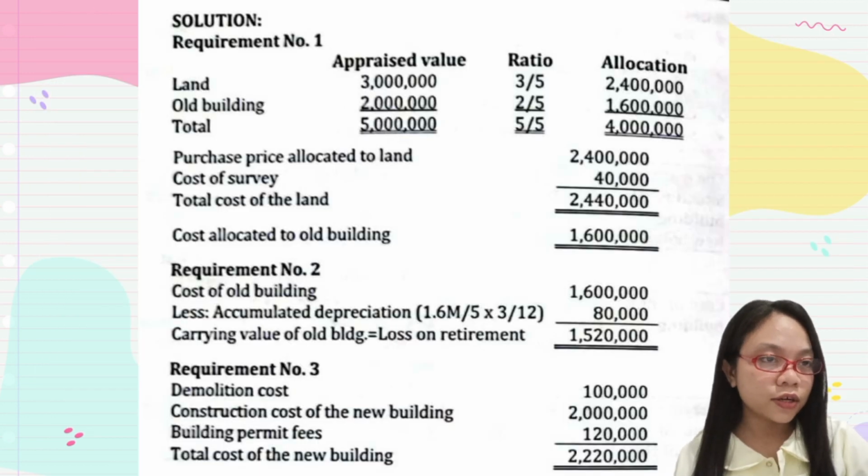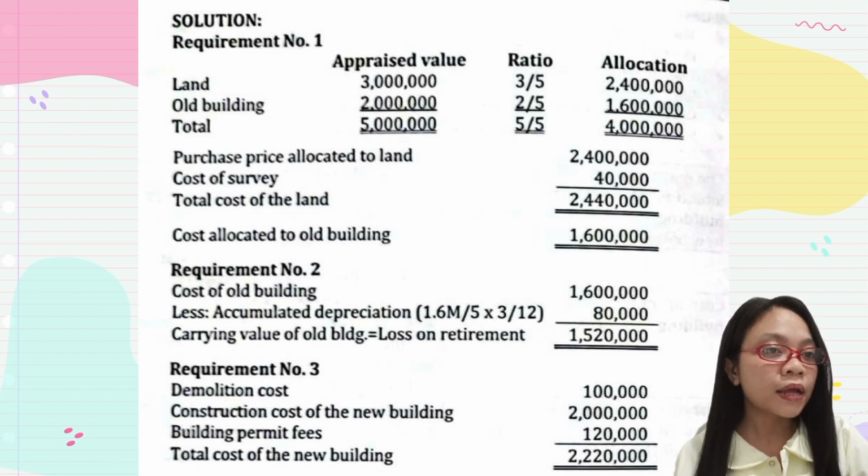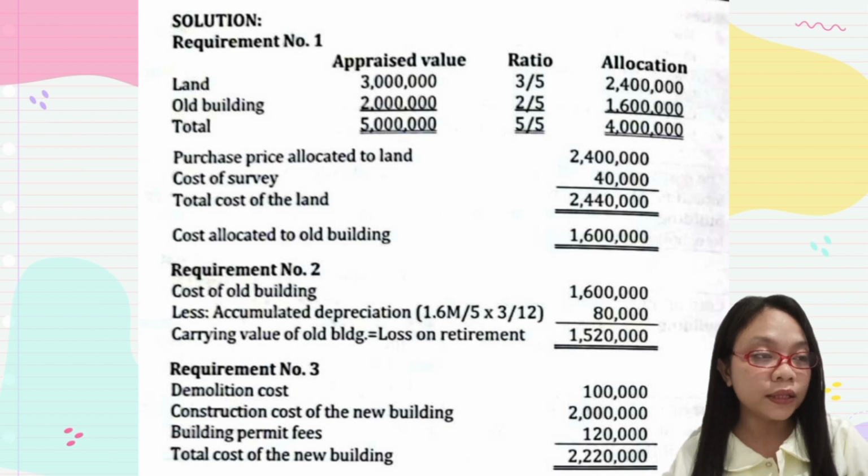So, to answer problem number 1, where the new building will be used as property, plant, and equipment, we need to answer the first requirement, which is to find the cost of the land and old building as property, plant, and equipment at initial recognition. So, the total price of our purchase of this land and old building is 4 million pesos.